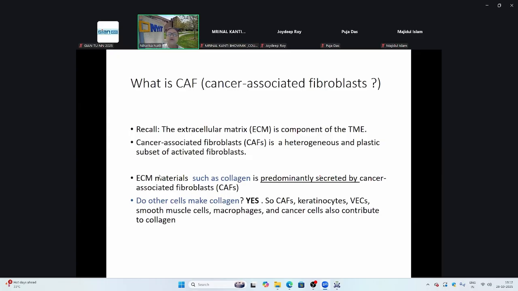So who's making the collagen? Well, of course, cancer-associated fibroblasts. CAF is making the collagen. If CAF is making the collagen, then maybe it wants to make too much or too little. I don't know. All right, so cancer-associated CAFs, they themselves are heterogeneous. They're not like your normal fibroblasts, but a little bit different.